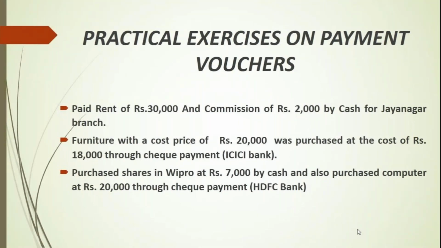Company has paid rent, company has paid commission, both by cash for the Jayanagar branch. So here, apart from the journal entry, there is some additional information due. What would that be? It is for Jayanagar branch. I have to process this entry.